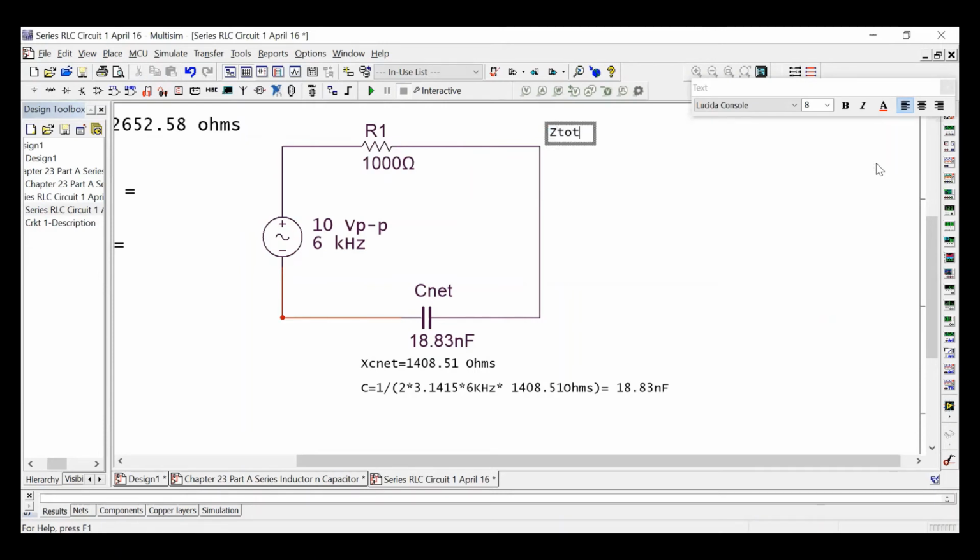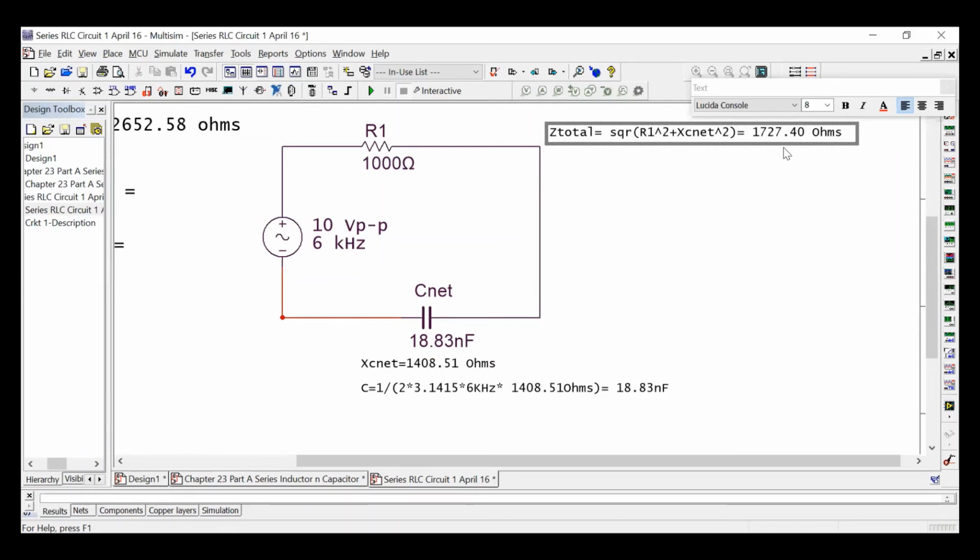So Z total is equal to the square root of R1 squared plus X of C net squared. And that gives you, how much did you get? 1727.40. So it's just taking these values that they just did on there.